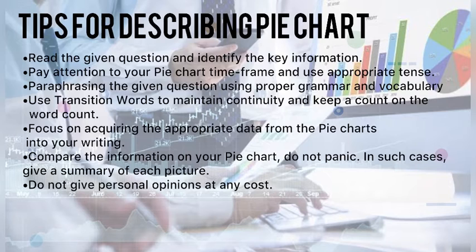Then, focus on acquiring the appropriate data from the pie chart into your writing. Then compare the information on your pie chart. Do not panic. In such a case, give a summary of each picture. Finally, do not give personal opinions at any cost.